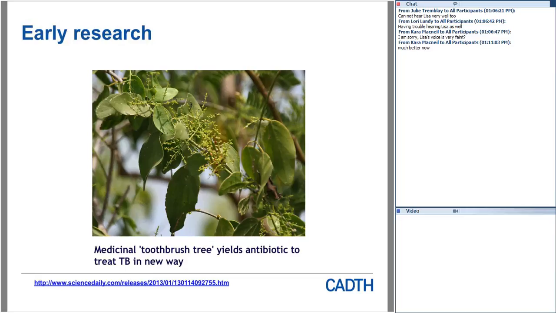The researcher himself in the article said that he had located extracts that may have antibacterial properties, may have them, and they may be developed as antibiotics. So this is all very, very early and very misleading information. It's not evidence, and it's a tiny bit of knowledge. Next slide.